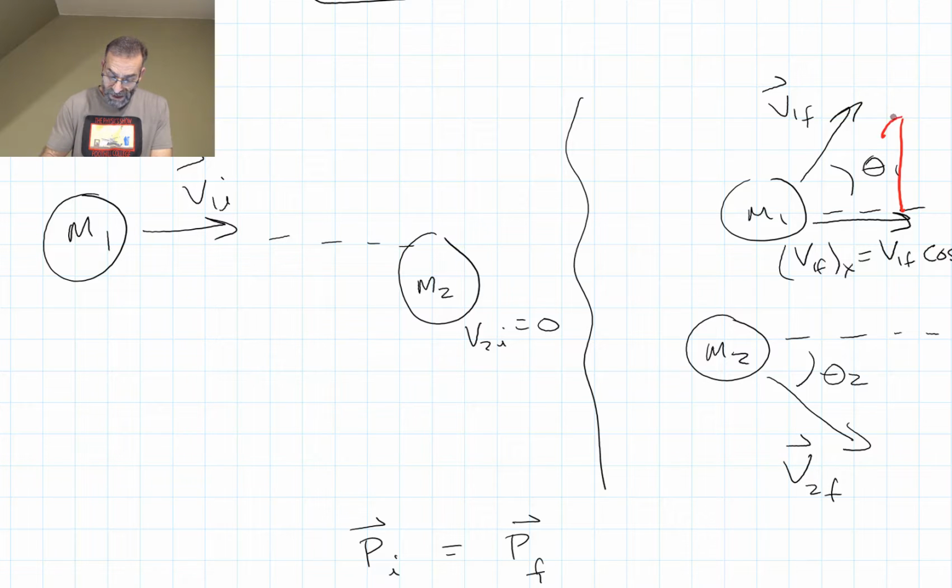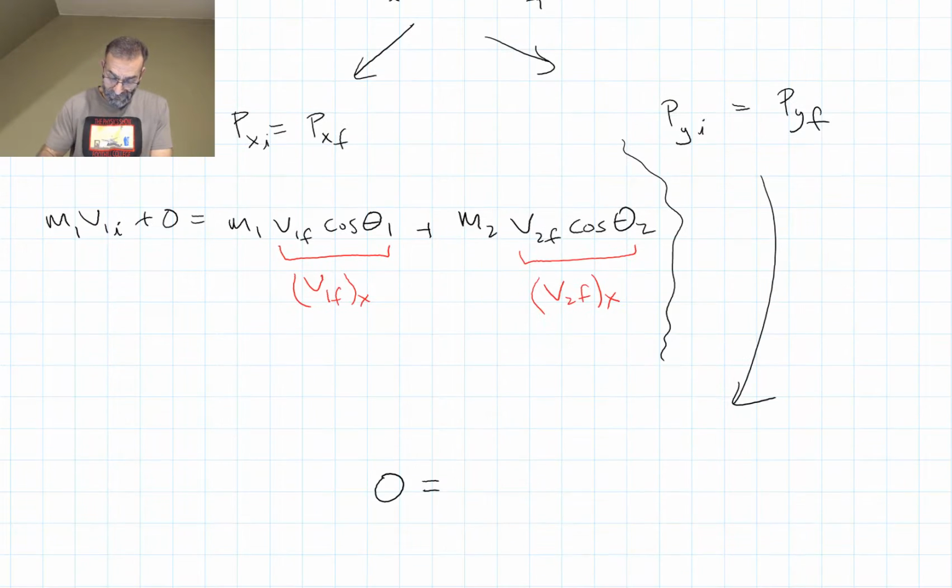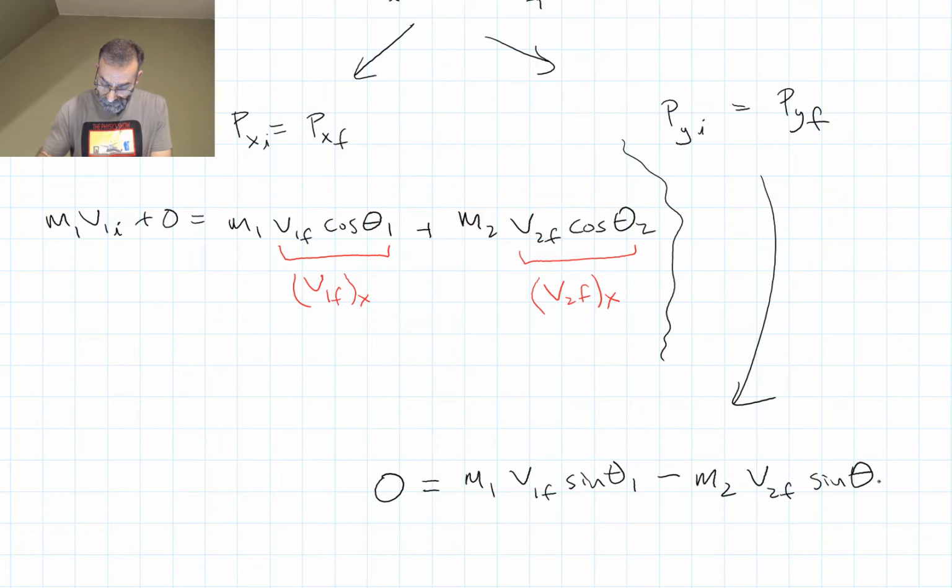This one is going to have positive y momentum if I call towards the top of the page my positive direction, and the other one is going to have negative momentum in the y direction. And those are my two equations, and I can solve for two unknowns given everything else in the problem.